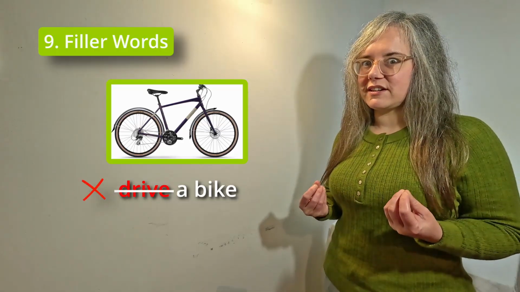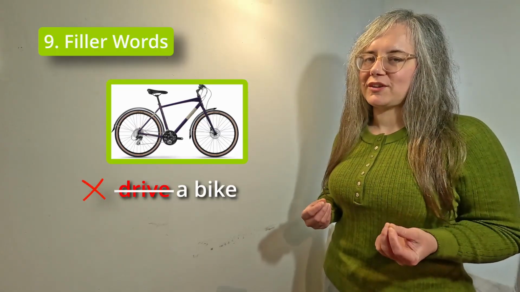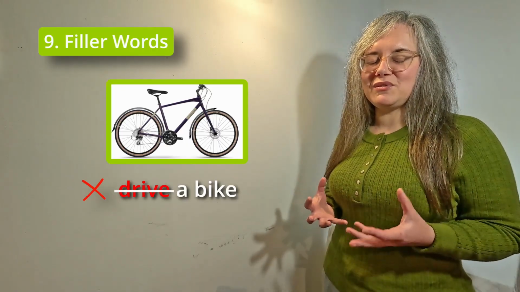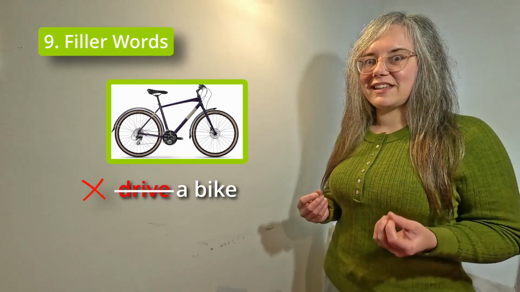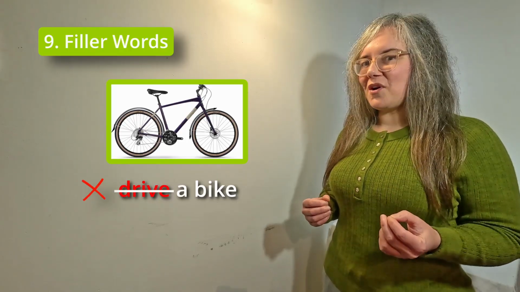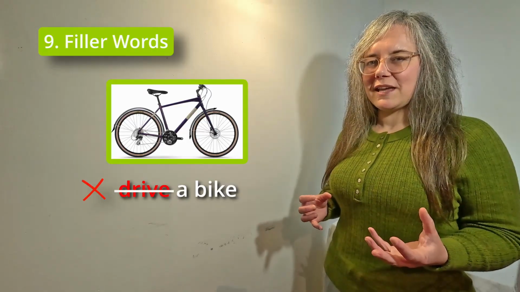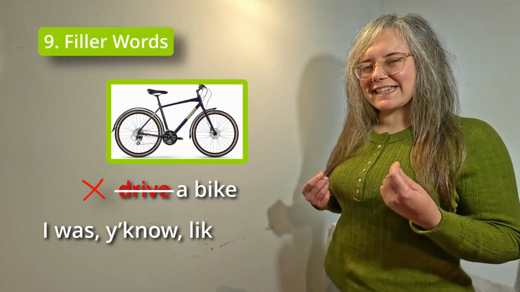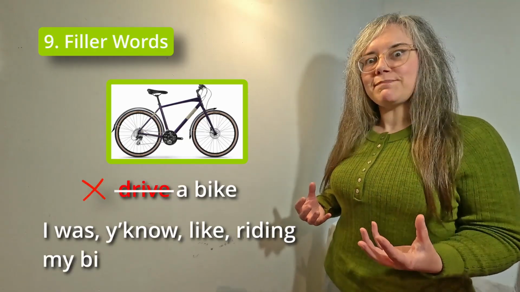You just need a moment to remember the correct word. When this happens, you can use filler words to give yourself some time to think. For example, you could say, "I was just, um, riding my bike."